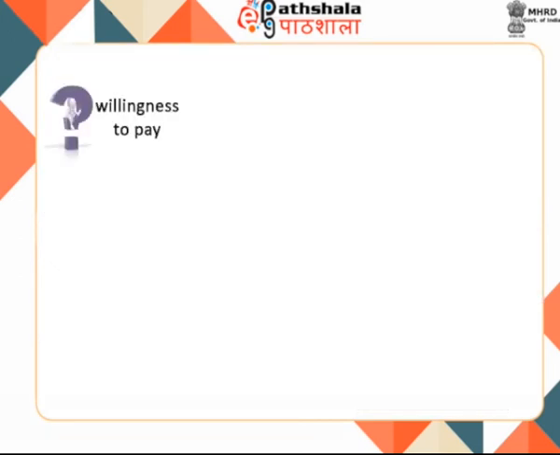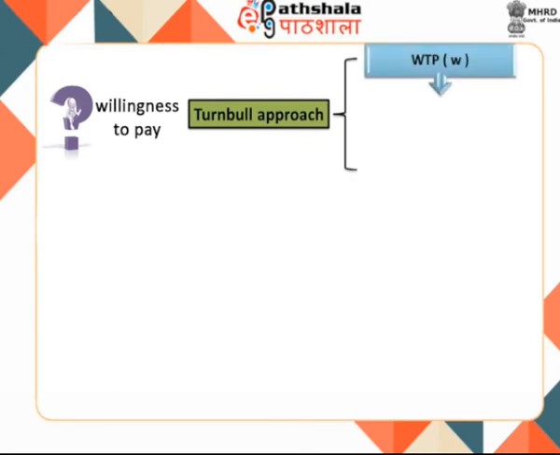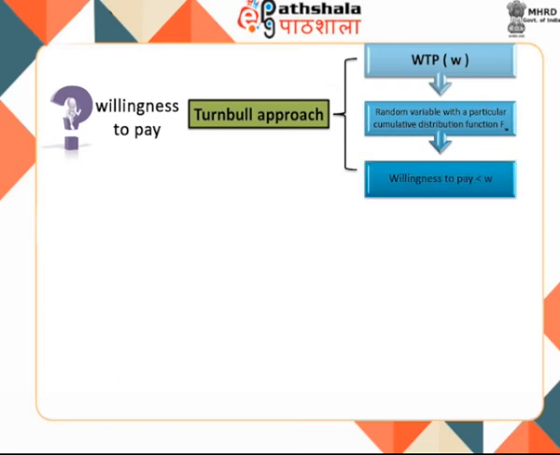As willingness to pay is unobservable to the researcher, the Turnbull approach allows the researcher to consider WTP, say W, as a random variable with a particular cumulative distribution function, say F_W, which can be seen as the probability that the willingness to pay is less than W.